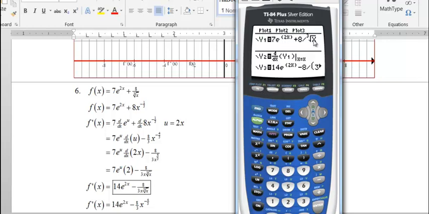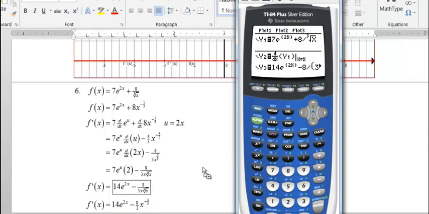Put your original function in y1, let y2 be the numerical derivative of y1. Make sure you have an x in here, not some number. And then y3 is the formula you come up with for the actual derivative. Check to make sure the tables for y2 and y3 are the same.